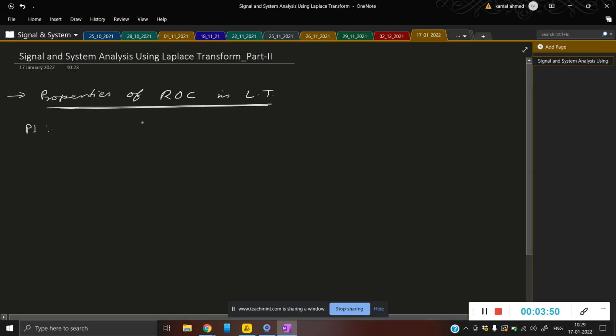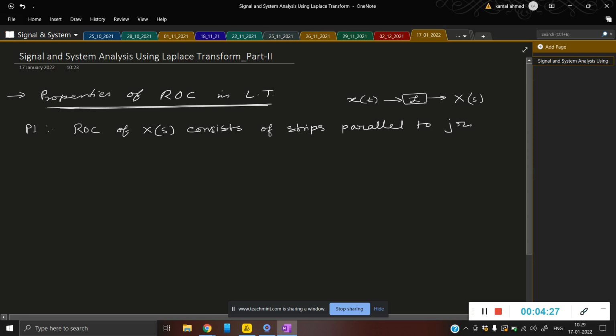The ROC of X(s), that means the Laplace transform of x(t), that is x(t) Laplace transform gives you X(s), consists of strips parallel to the j omega axis in the S plane. This is the first property.